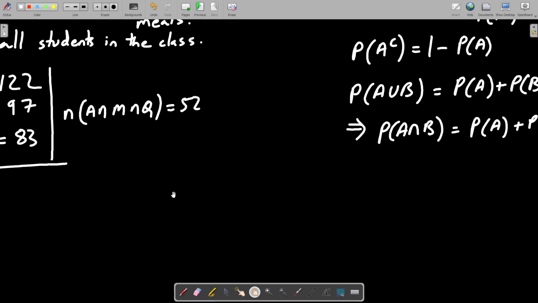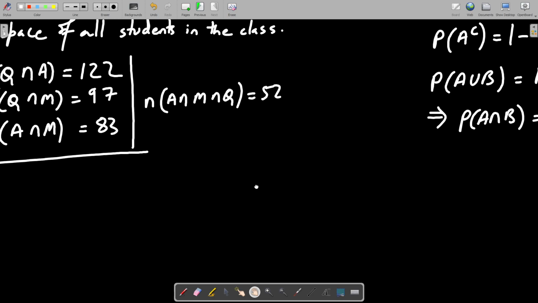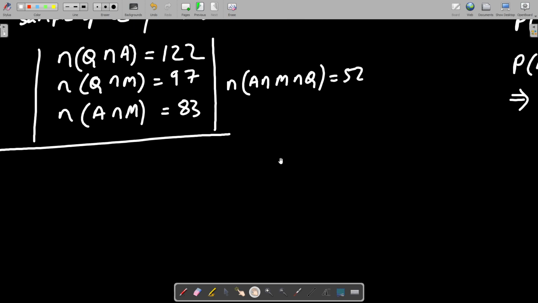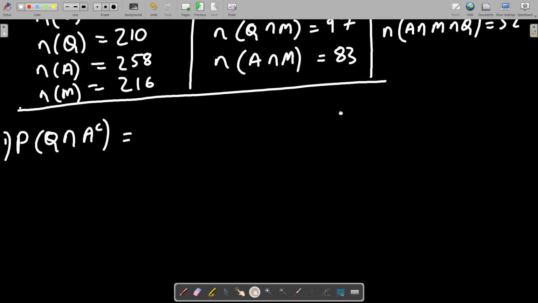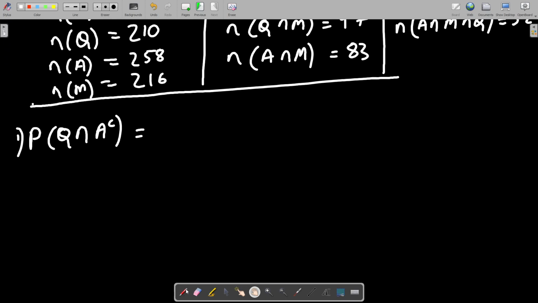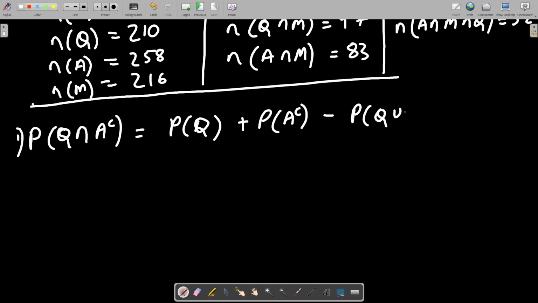It's not good to keep things incomplete in life. What should this be according to the formula which I just wrote down? This should be probability of Q plus probability of A complement minus probability of Q union A complement. Okay?